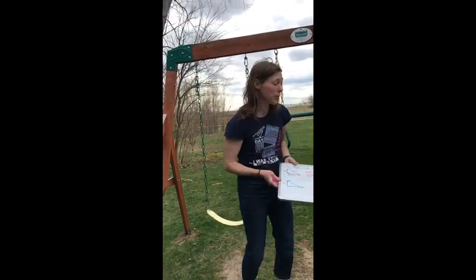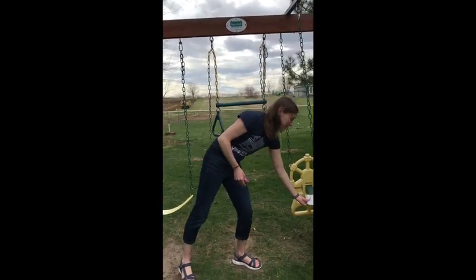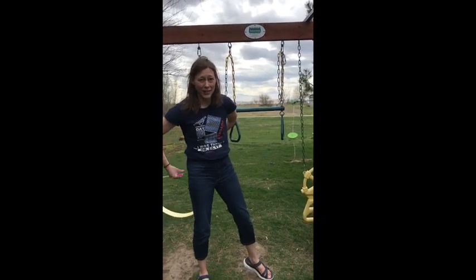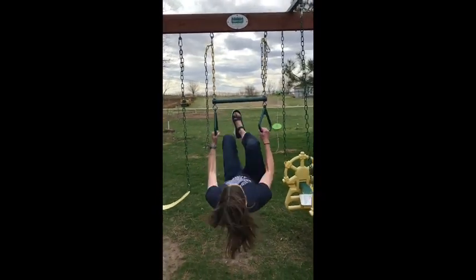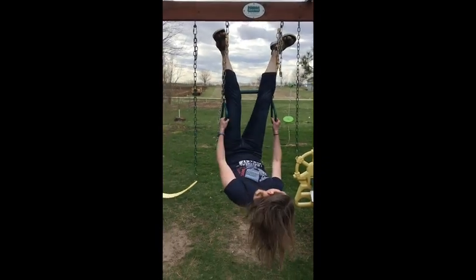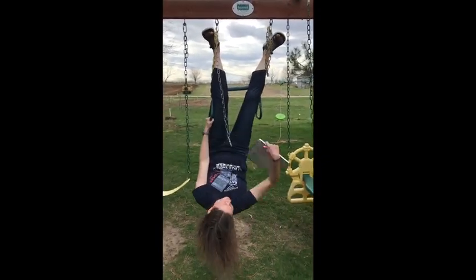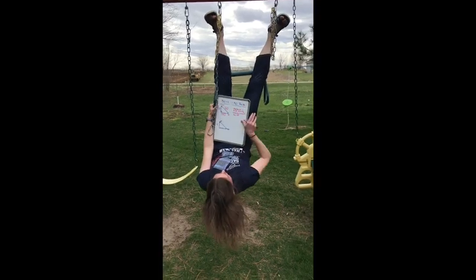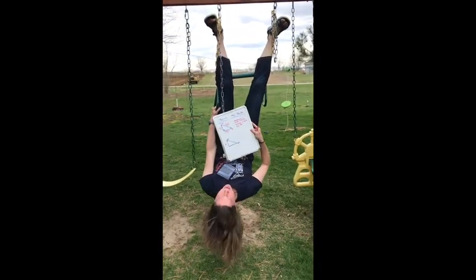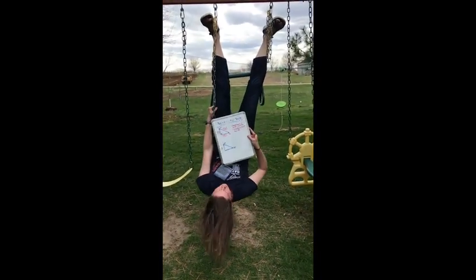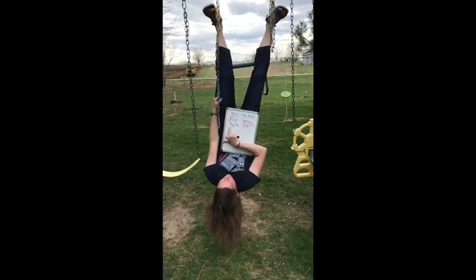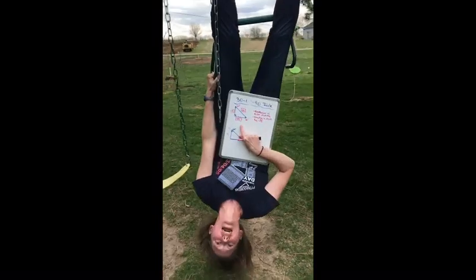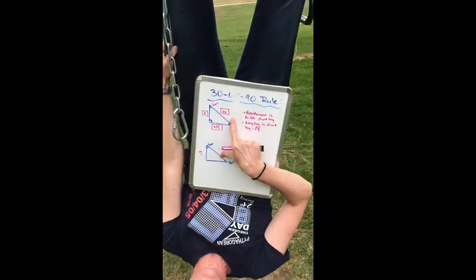All right, so no shortcuts when introducing this next rule. I'm going to try explaining it upside down. I'm going to try. That's the key word. All right, so 30, 60, 90 rule. Okay, so you have a short leg, you have a long leg, and you have a hypotenuse.